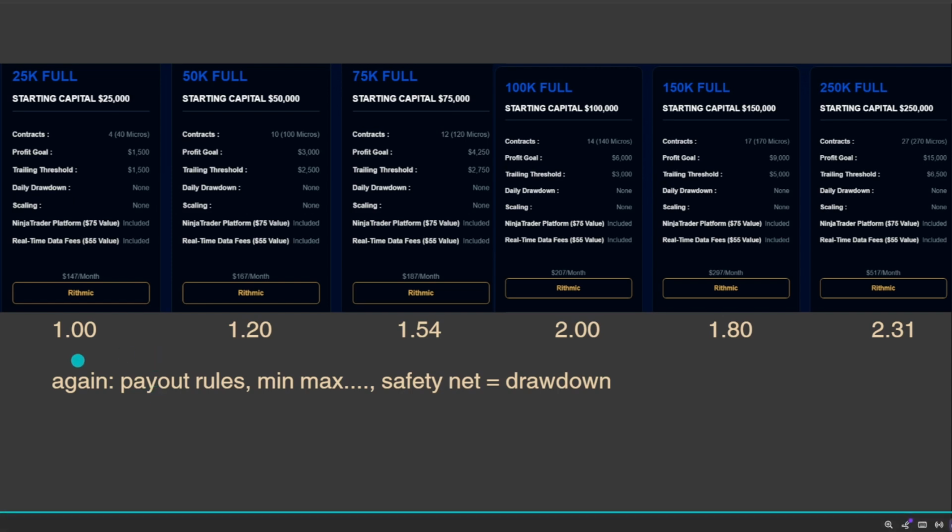Again, this is only looking at the drawdown to profit goal ratio.